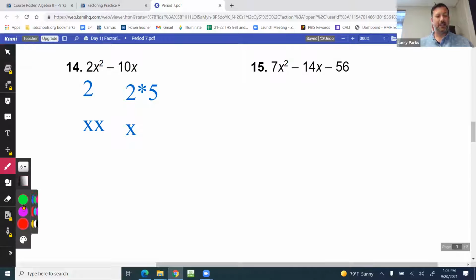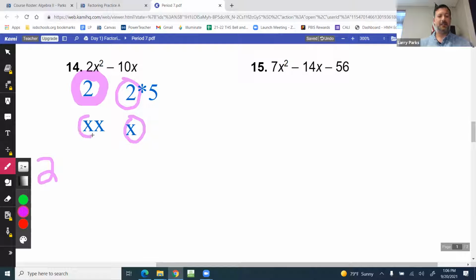So when I look at this and I'm trying to find what does this have in common, I could say they both have a 2. So I factor that out. What else do they have in common? They both have an x. So I factor that out.